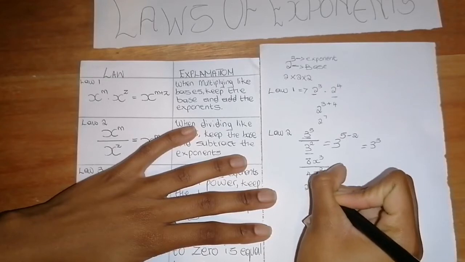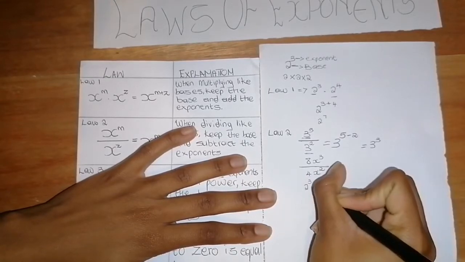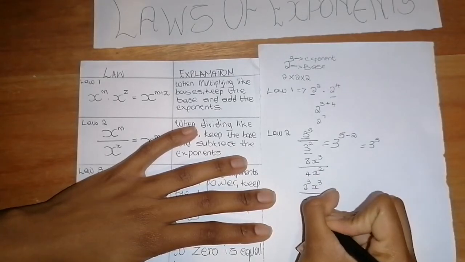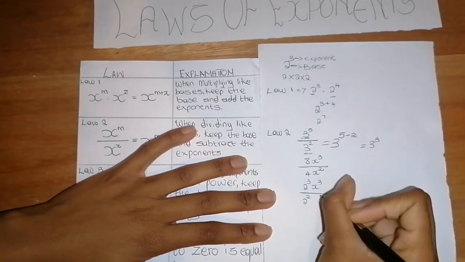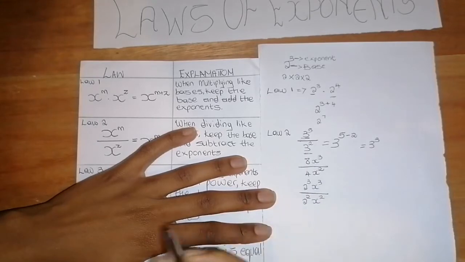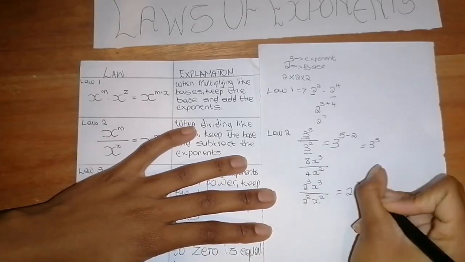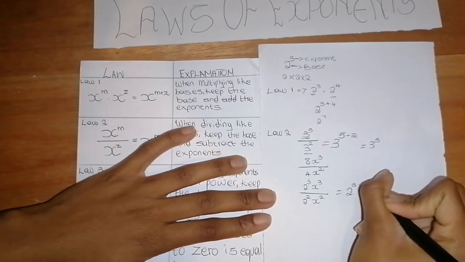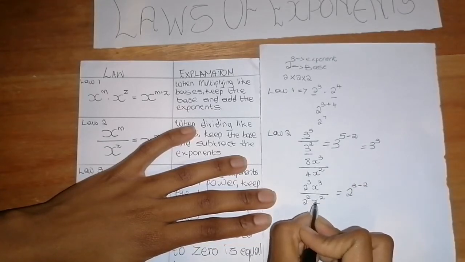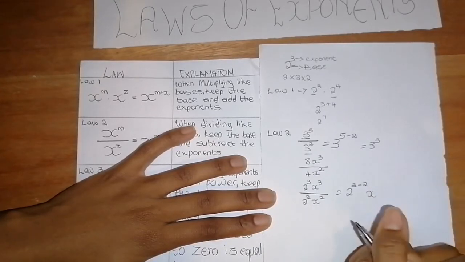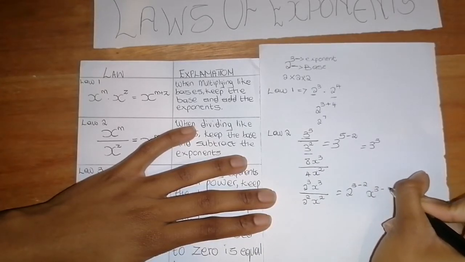8 can be written as 2 to the exponent 3, x to the exponent 3, and then 4 can be written as 2 to the exponent 2. Then you keep your x to the exponent 2, and then you simplify. Then you keep your base 2, and then you subtract the exponents. As you can see, the variables are also the same base, so you keep your base x and subtract the exponents.